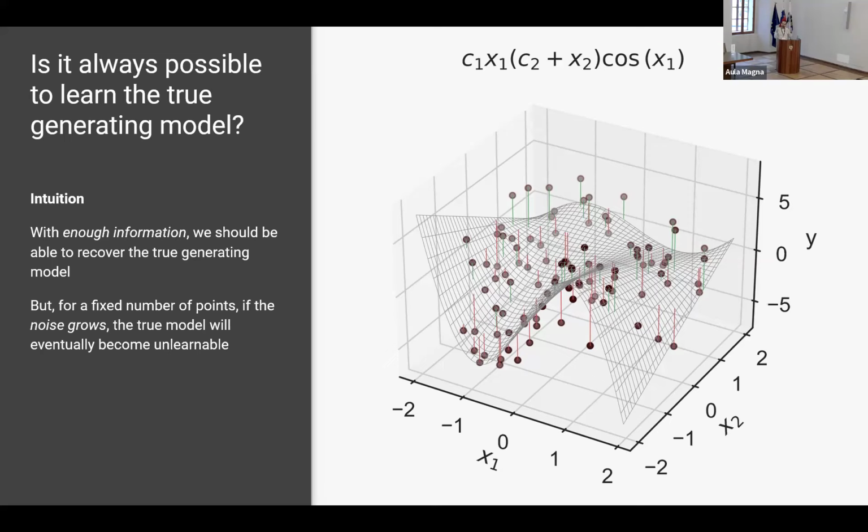So at some point it seems intuitive that we should be able to detect the model, and we know that the probabilistic approach guarantees that you will. But if you keep increasing noise, at some point you will not be able to identify the model.